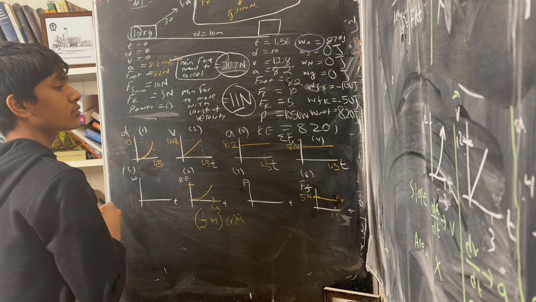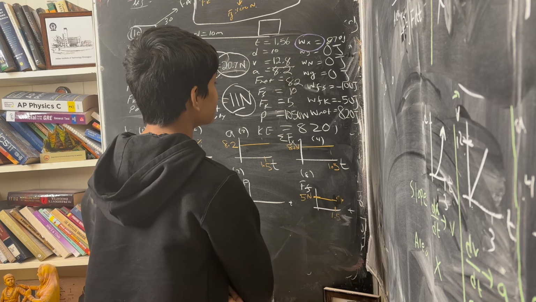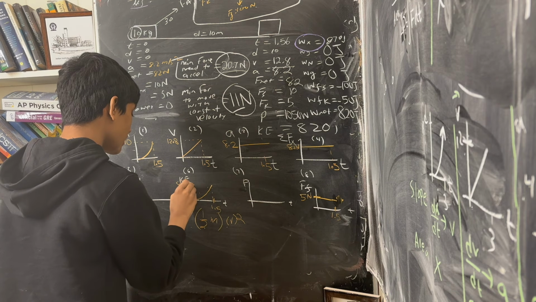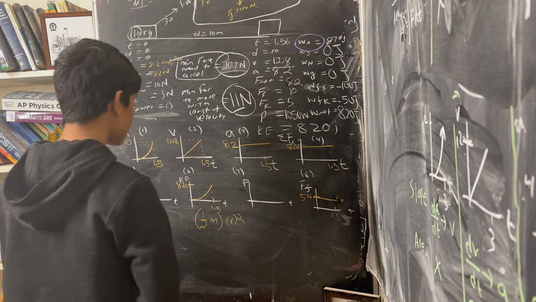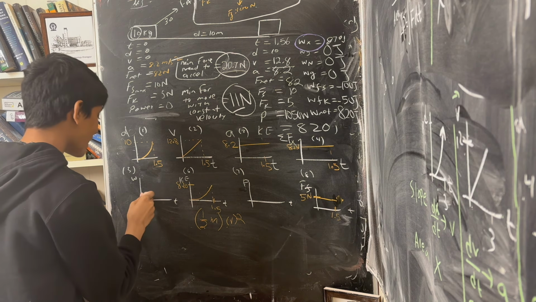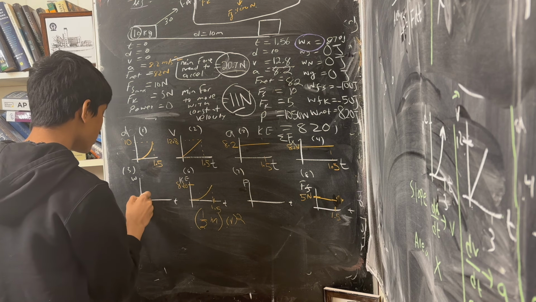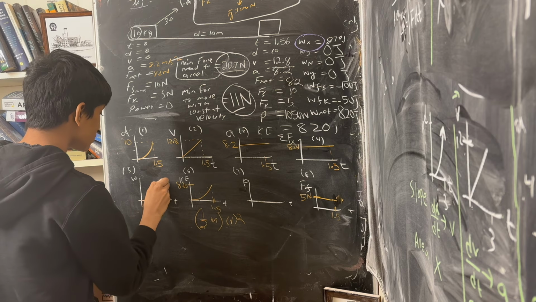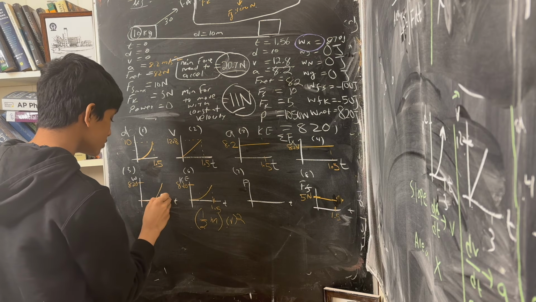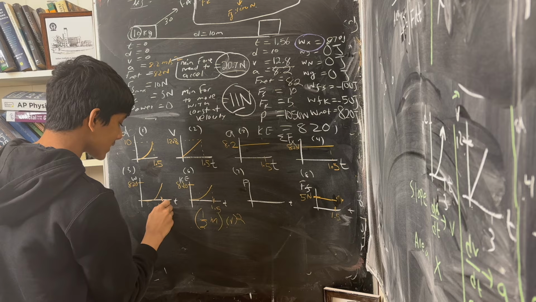And the final kinetic energy is 820 joules. And of course, by the work energy theorem, or just by basic kinematics, work is the exact same as kinetic energy. So it also goes up quadratically over time, ending with 820 joules over 1.5 seconds.